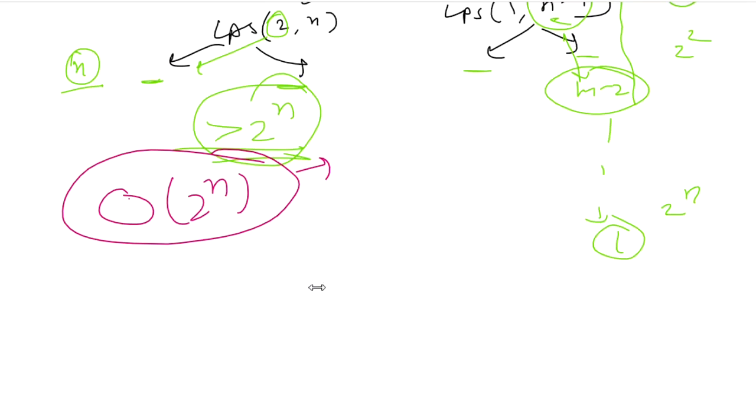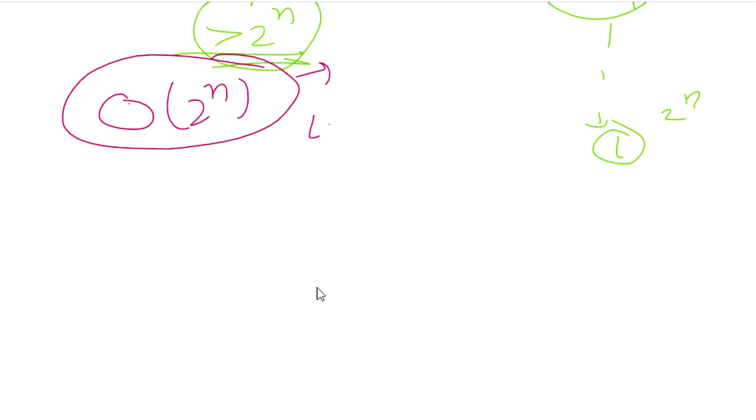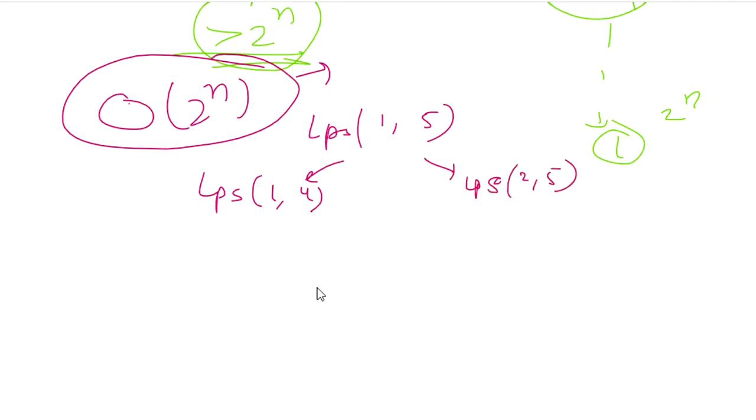So let's say you are trying to run LPS of 1 to 5 in the worst case. Okay, so you'll run 1 comma 4, you'll run 2 comma 5, then you'll run 2 comma 4, or you'll run 1 comma 3.